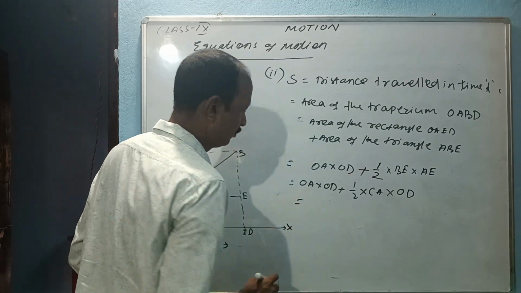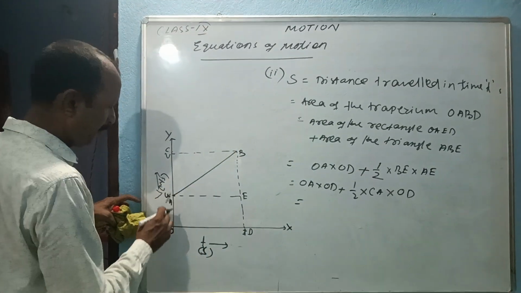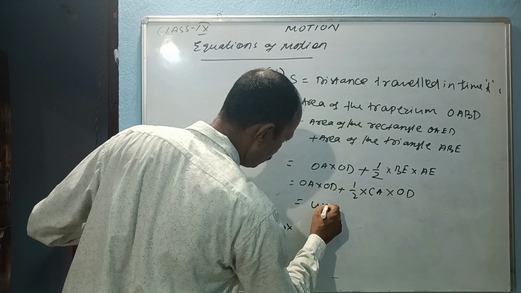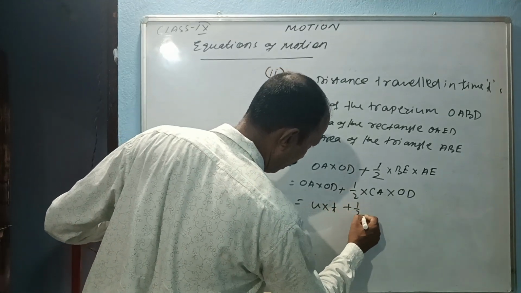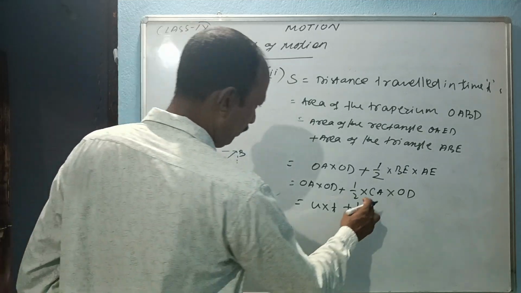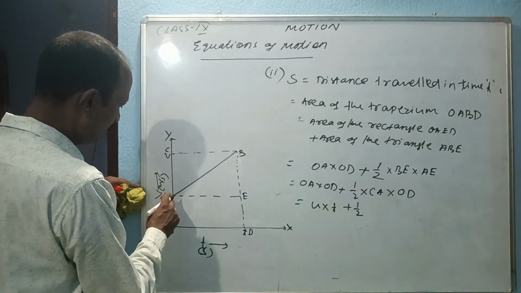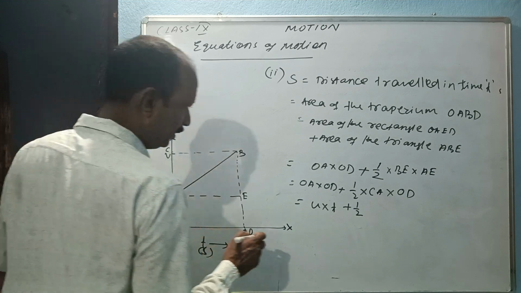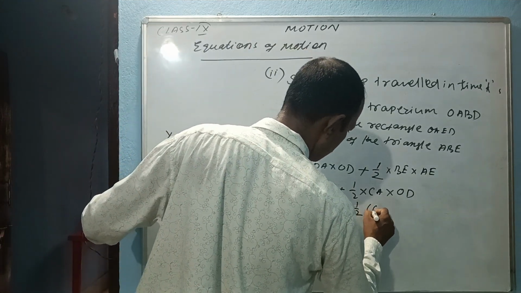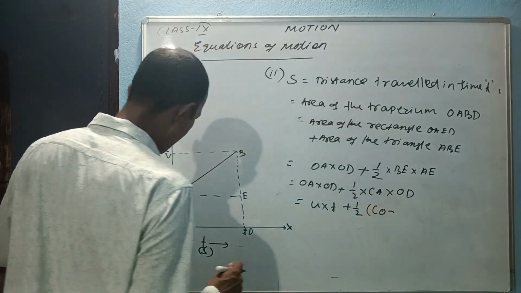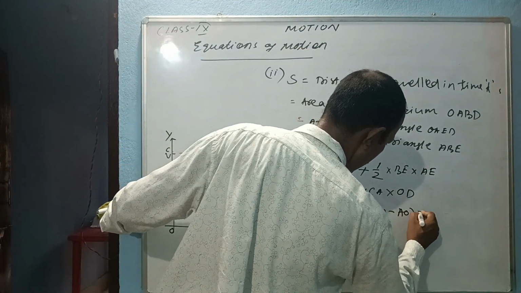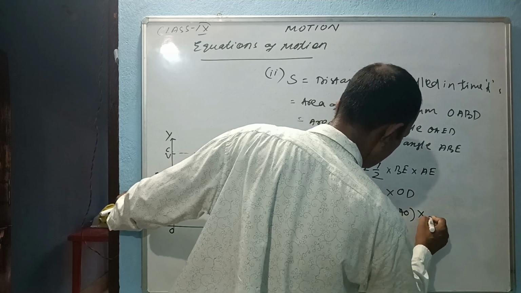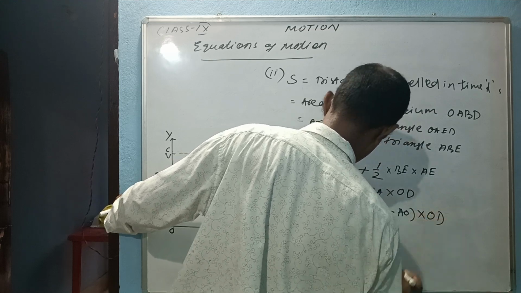So OA represents the U, OD represents the T, plus half into, in place of CA, I am taking CO minus AO, into OD.